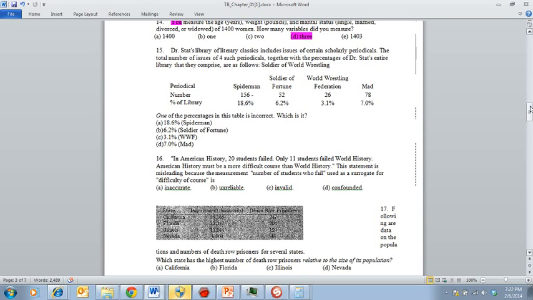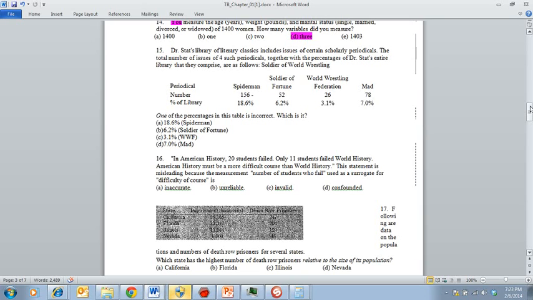Spider-Man has 156 periodicals, and that's 18.6% of his entire library. Soldier of Fortune, there's 52, that's 6.2%, and so on. One of the percentages in the table is incorrect. So which one is it, and how are you going to find it?